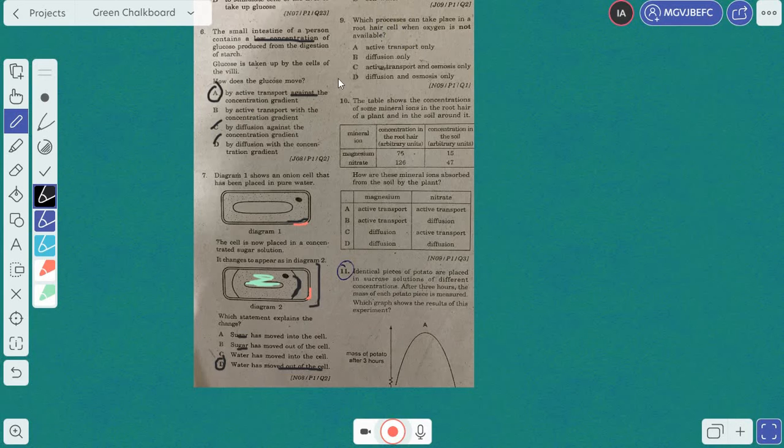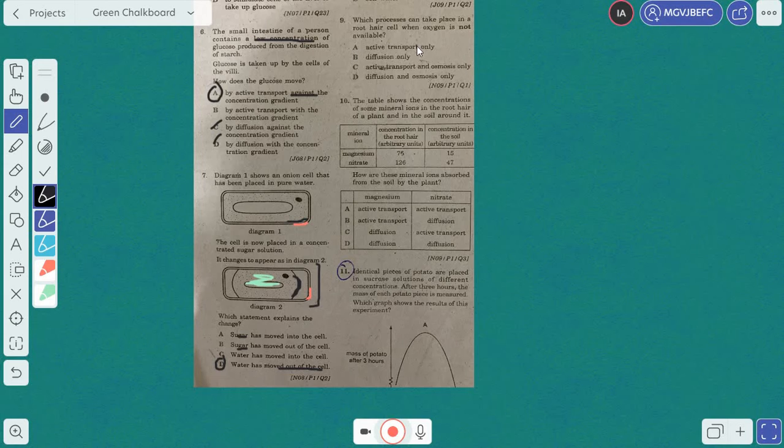Okay, 9. Which process can take place in a root hair cell when oxygen is not present? So when oxygen is not present, active transport cannot happen, because it needs oxygen, so that glucose is broken down by oxygen in the process called respiration, and then energy is used for active transport.